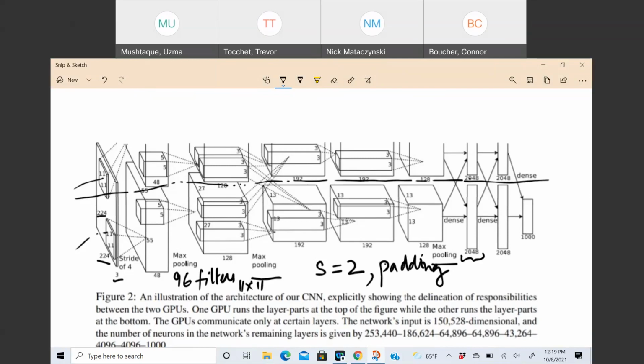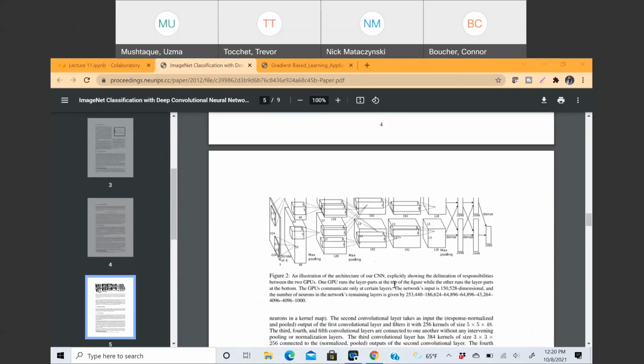As you can see, we have 2048, which is way more than the one we were using earlier, because we are using high resolution images and we have a deeper network. Once we have this 2048, we again have a fully connected layer, and then we have a softmax. This one here is a softmax with 1000 outputs. And if I remember correctly, I don't remember the data set they used. Let's quickly check which data set they're using.